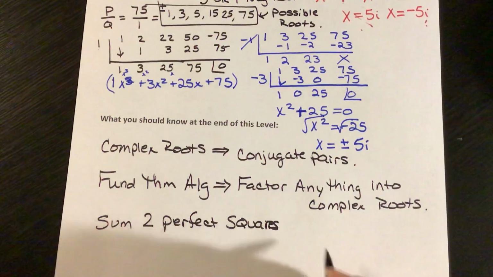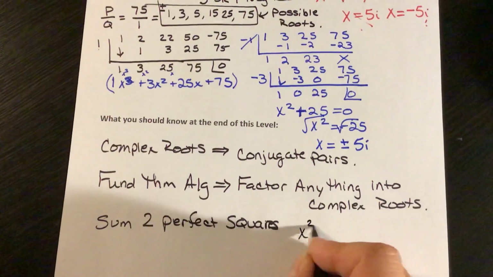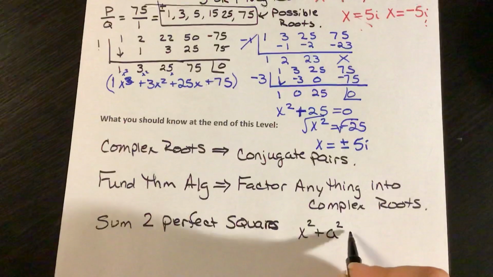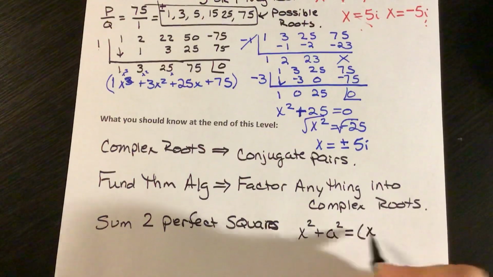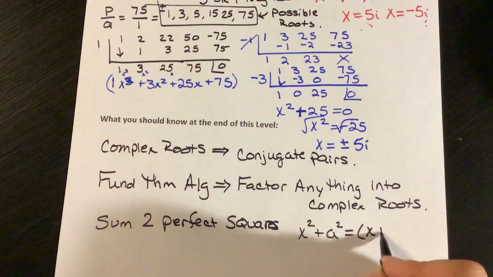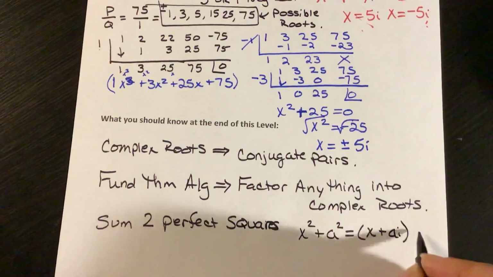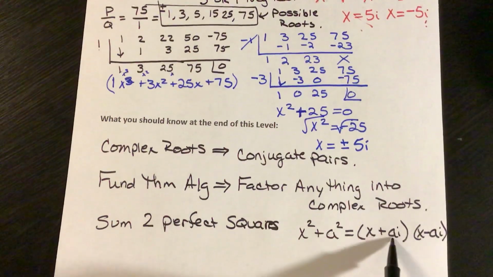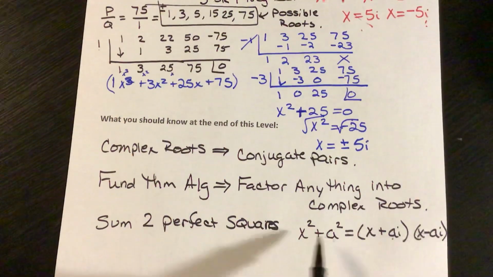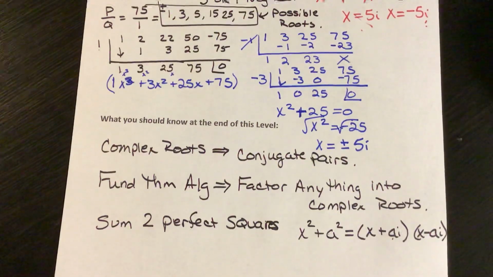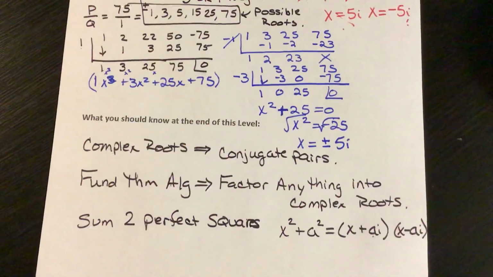So the sum of two perfect squares, like x squared plus any number squared, this can be broken down into x plus ai times x minus ai. Okay, so I can factor these into imaginary or complex conjugate pairs.